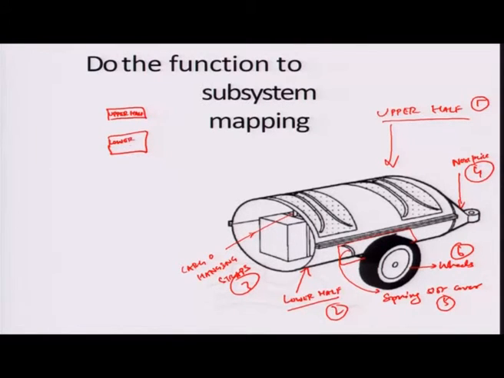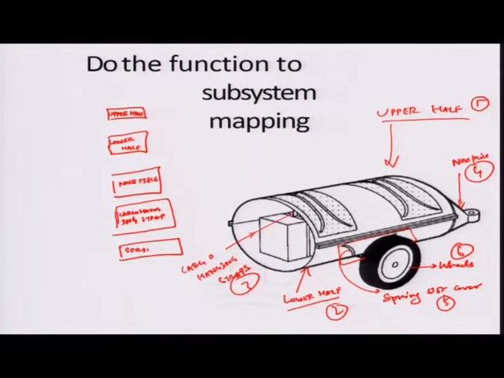Let us just first, in the same order, list all the different subsystem level information related to this design. We have the nose piece now. Okay. Then we have the cargo hanging straps, and finally, we have the spring slot cover, and the wheels.